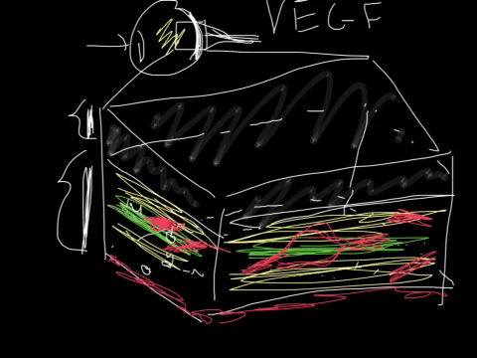The next stage is when you actually have neovascularization on top of the inner limiting membrane of the retina. So the membrane that separates the retina from the vitreous body.